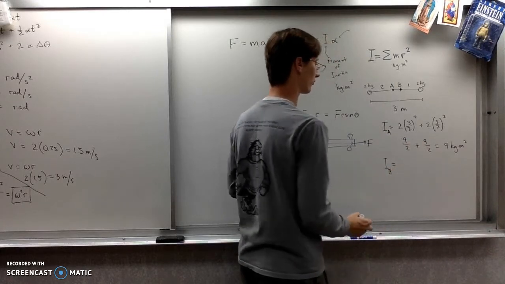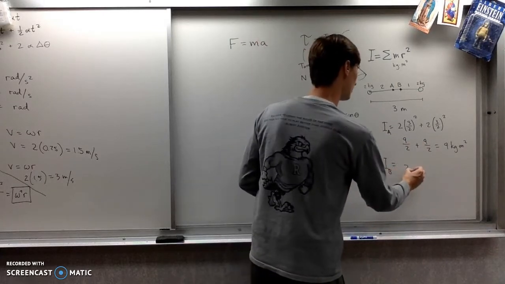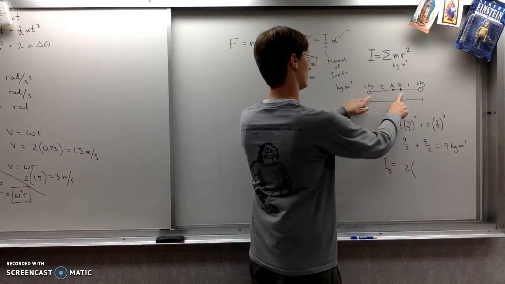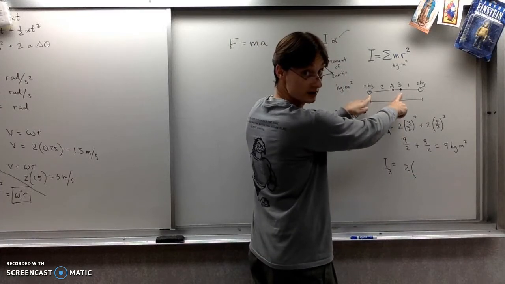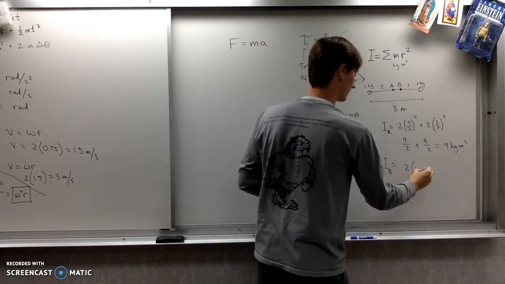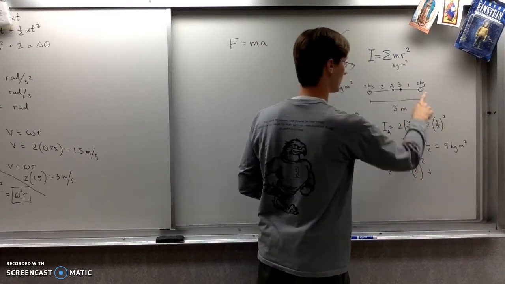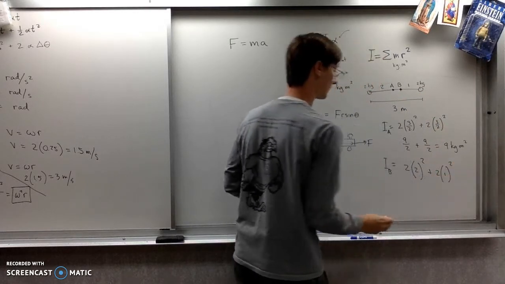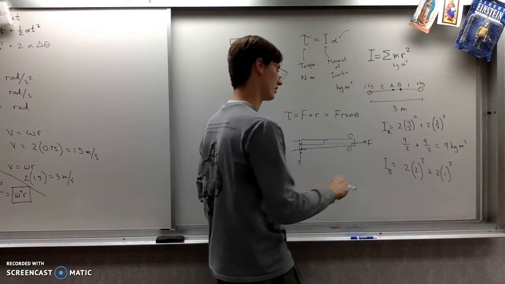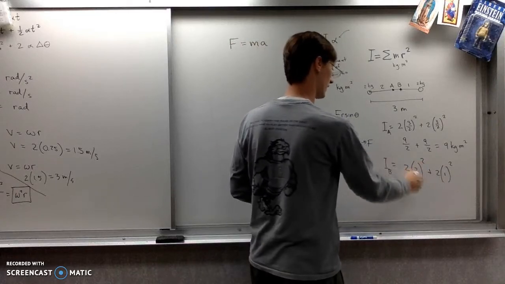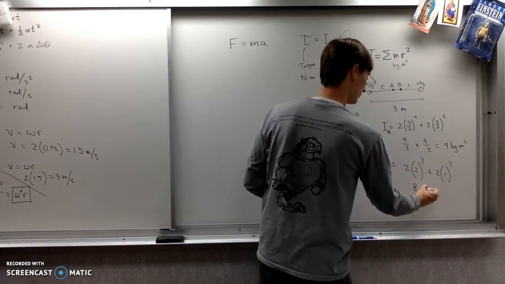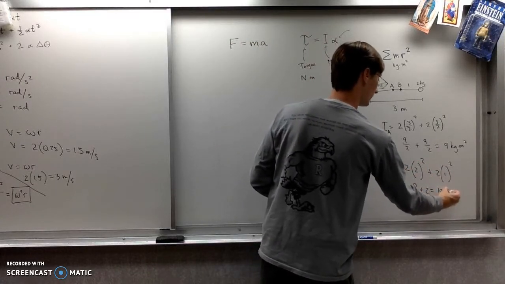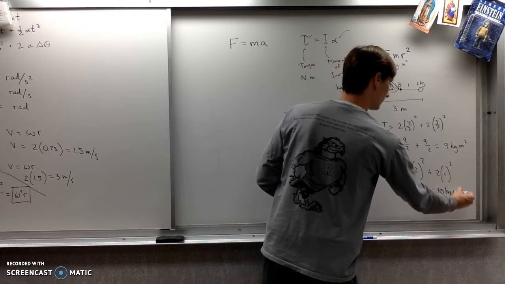The moment of inertia through B would be 2 times the first 2 kilogram mass is 2 meters away. The second one is only 1 meter away. And so the total moment of inertia is going to be, that's 8 plus 2, so 10 kilogram meters squared.